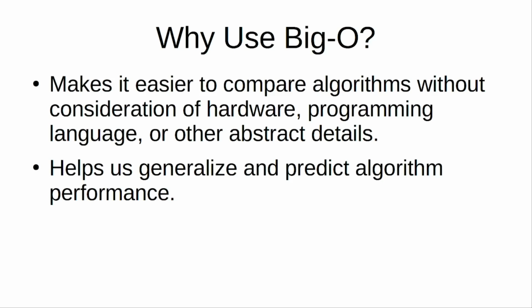The functions also allow us to compare algorithms that solve the same problem, so you can choose which one works best for the input that you have. It helps us identify bottlenecks and design more scalable software systems.